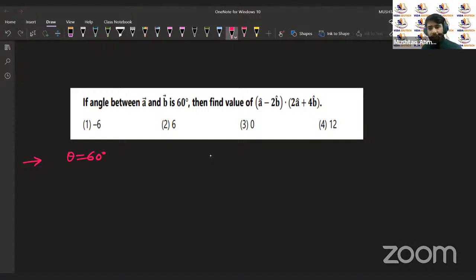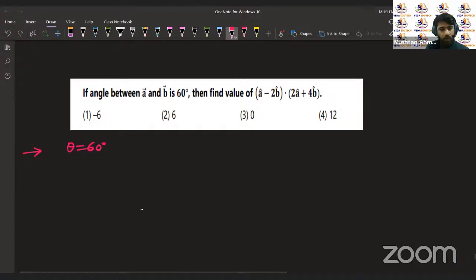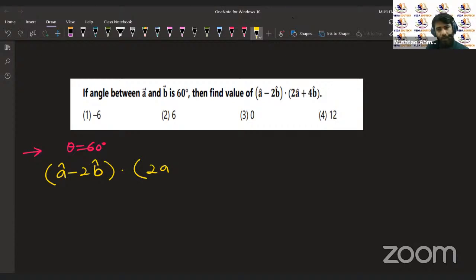Where A cap and B cap are the unit vectors, correct? So let's try to solve this question. We have to calculate A cap minus 2B cap dot with 2A cap plus 4B cap, right? So the angle between A vector and B vector is given as 60 degrees.